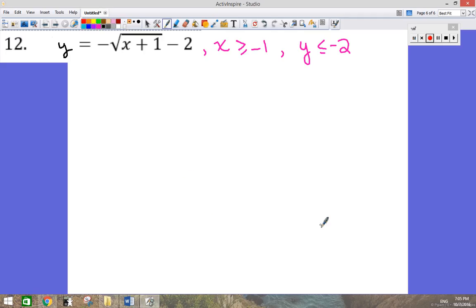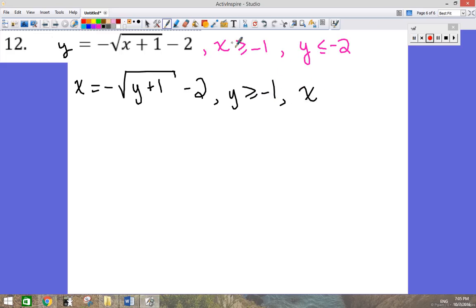So the idea of an inverse changes the domain and range, which in the equation we're going to change the variables x and y. Not only am I changing the variables in my equation, I'm also changing over here because this describes the domain and range. Well, now the range is bigger than or equal to negative 1, and the domain is less than or equal to negative 2.